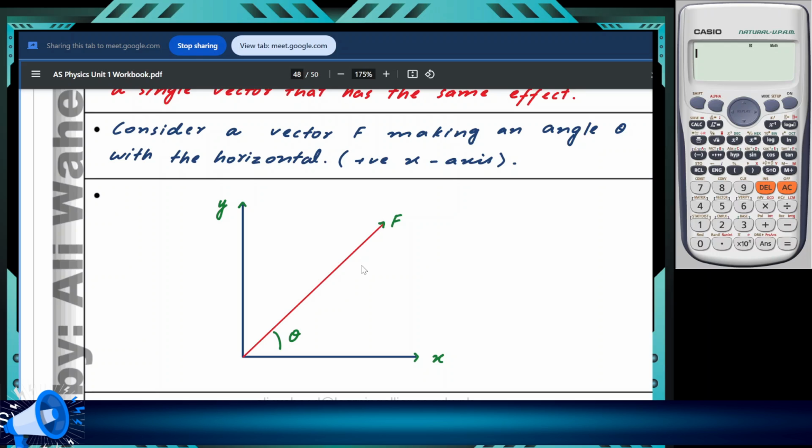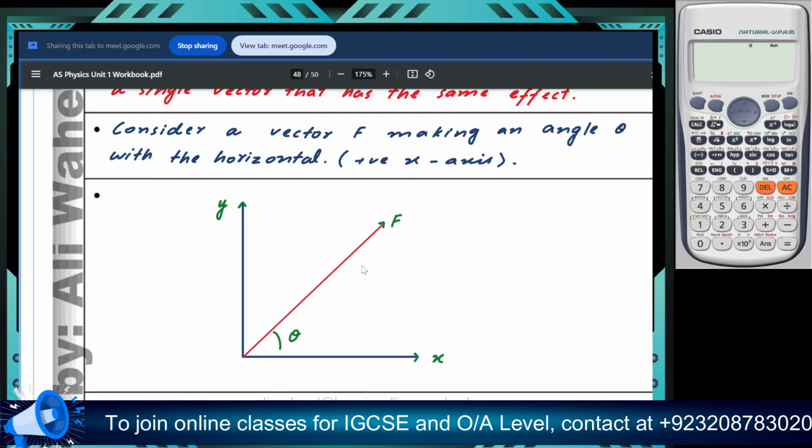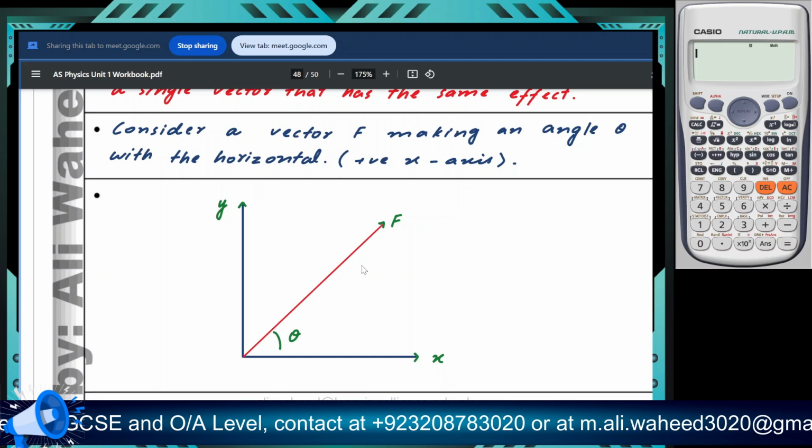In order to answer that question, we have to resolve this vector into components. So one of the components would be towards the x-axis, and the other component of the vector would be towards the y-axis.